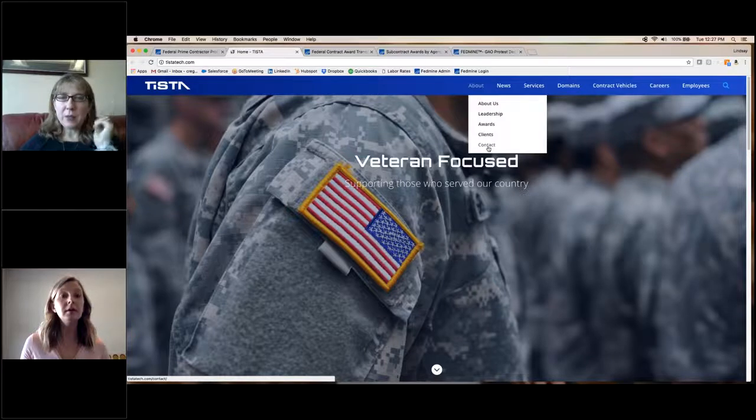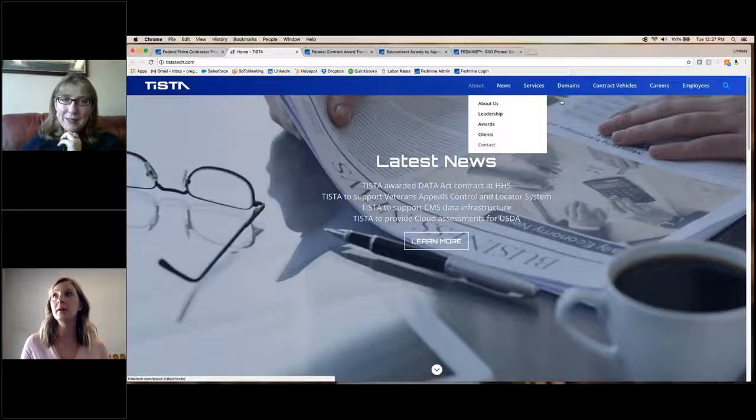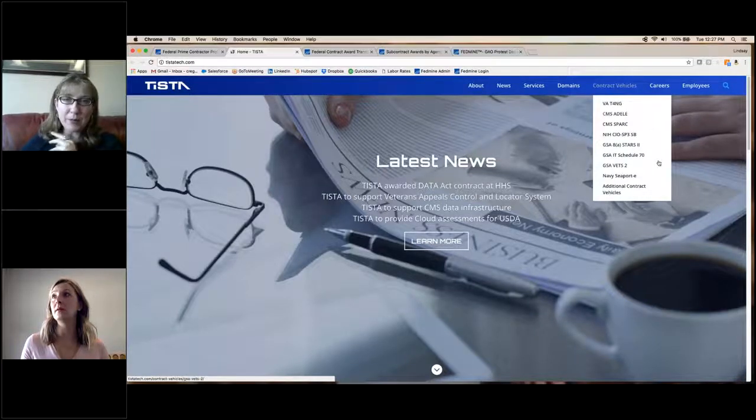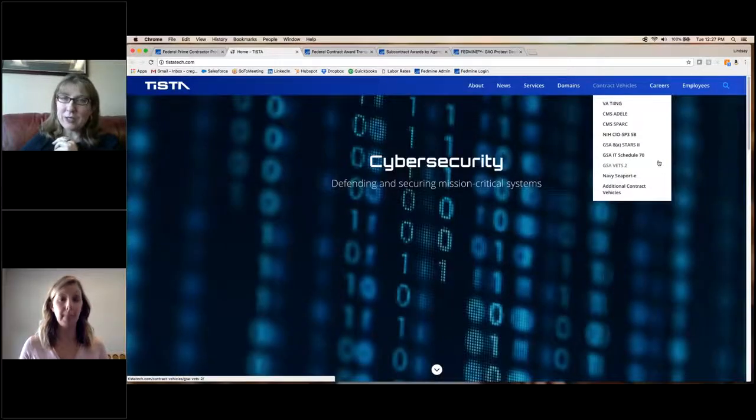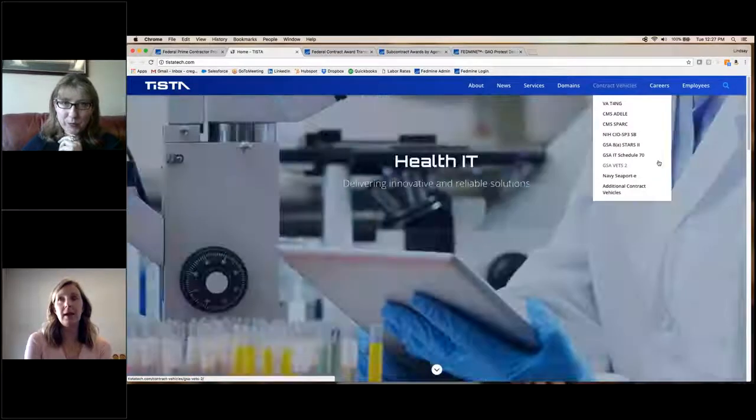Lindsay, if I interrupt you for just a second, another interesting thing is on your list of vehicles, they did not have, as a prime, certain vehicles that they're actually showing here. It looks like they may be a sub on somebody else's team, so they're showing you more vehicles that the customer can access them through. Exactly.